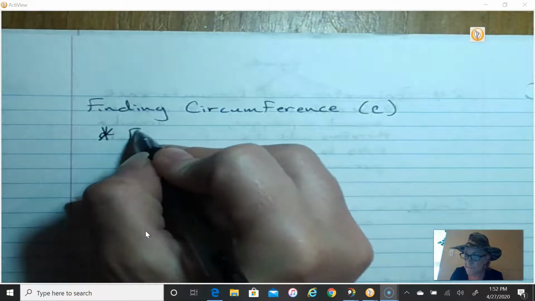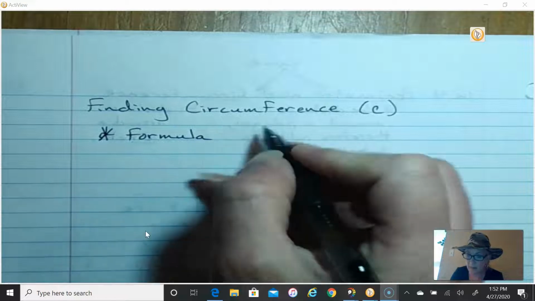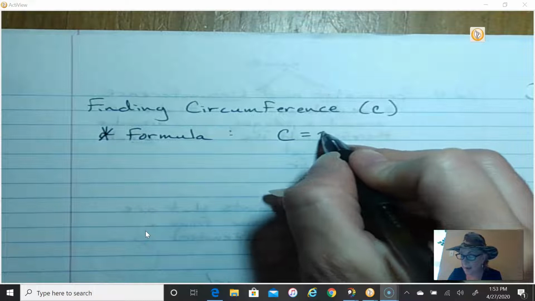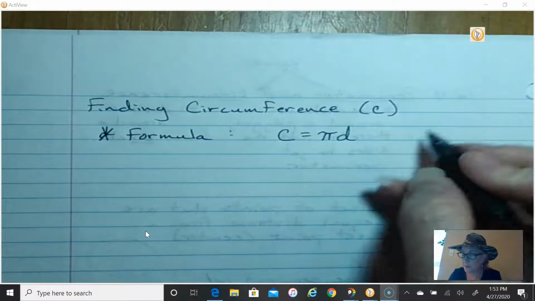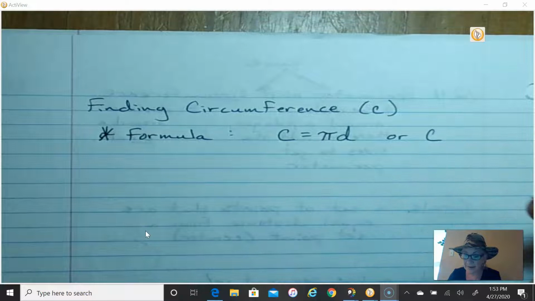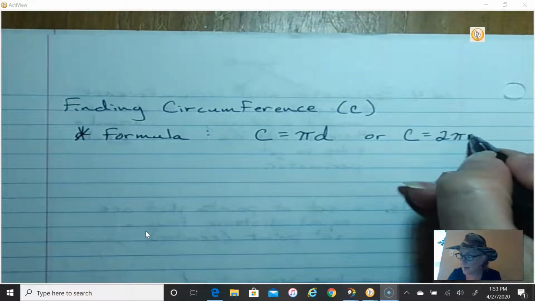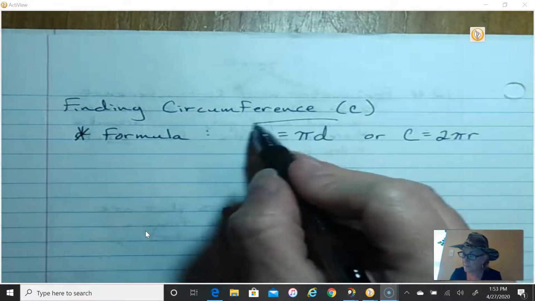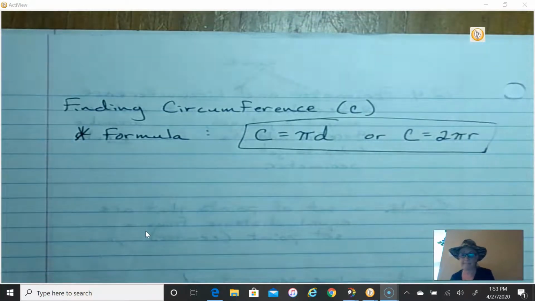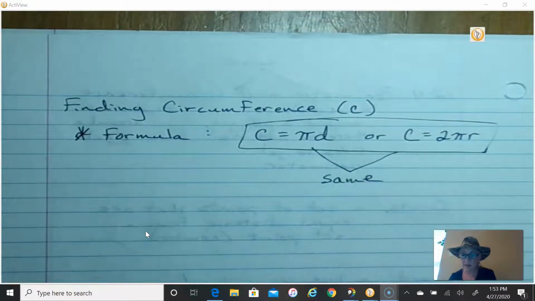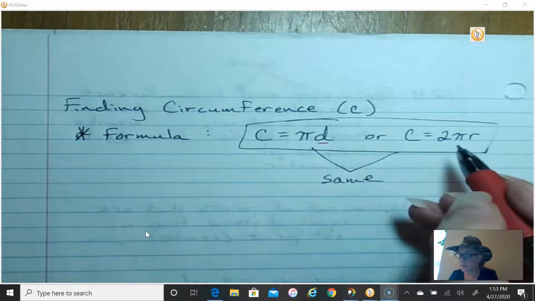The formula is C equals pi times d, or C, circumference, equals 2 times pi times r. These are the same. The only difference is this one has diameter, and this one has radius.